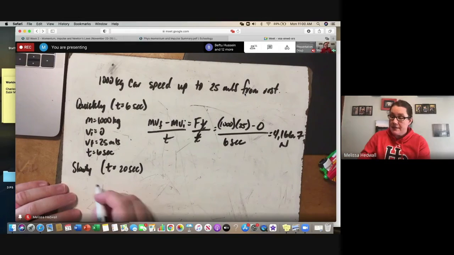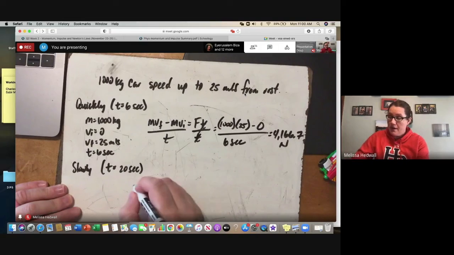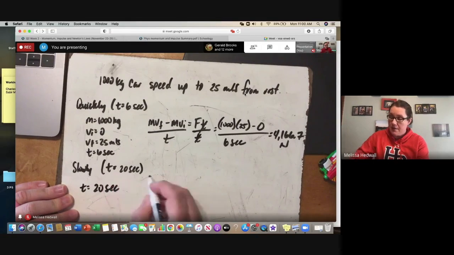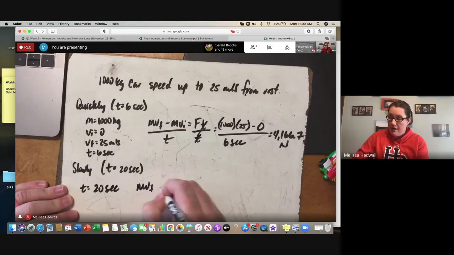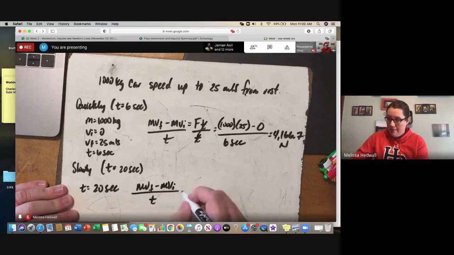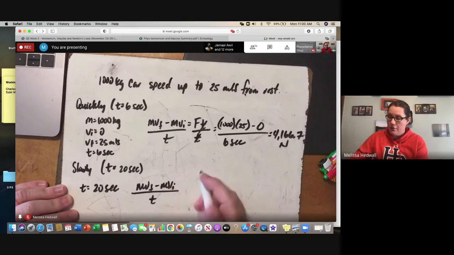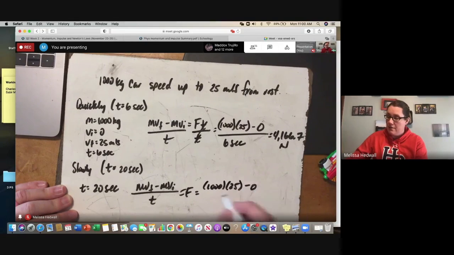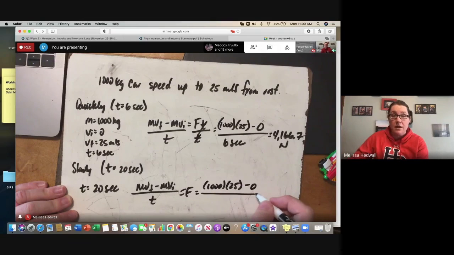Now, same car getting up to speed over 20 seconds. So we have same variables, except this time T equals 20 seconds. So we can say (MVF minus MVI), same rearrangement, divided by T, gives us our force. So we'll say 1,000 kilograms times 25 meters per second minus 0, same setup to start.